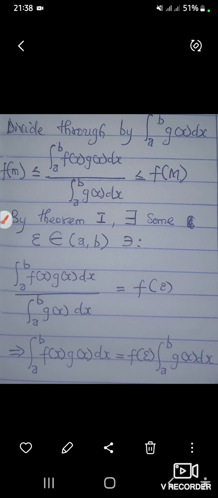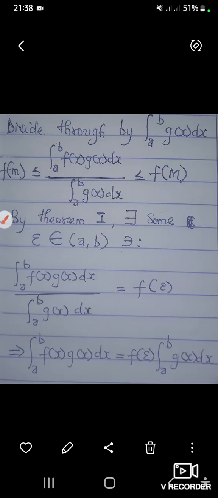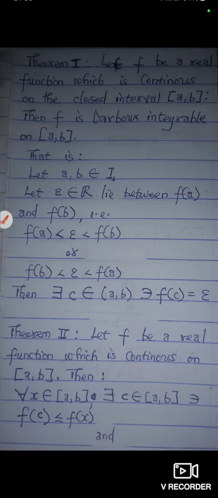Now, recall theorem 1. This part is very, very important. Let's go to theorem 1. Just look at what we have here. We have this integral fraction between small f of m and big f of M. If this is true, let's go to theorem 1. Now, what does theorem 1 say?